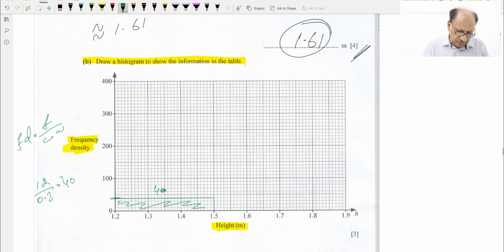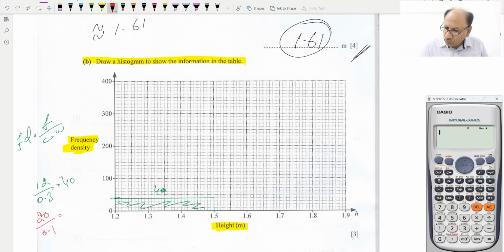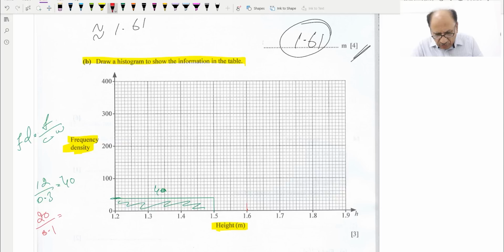So 20 divided by 0.1 will be equal to 200. So from 1.5 to 1.6 will be 200, and the 200 mark is up to this level, and on top we will close from the top, and this is representing 200 basically.